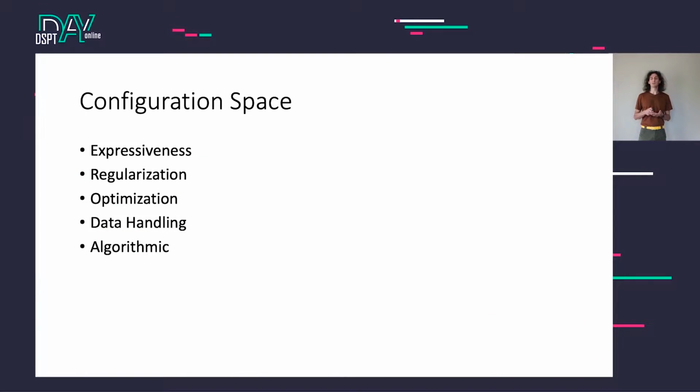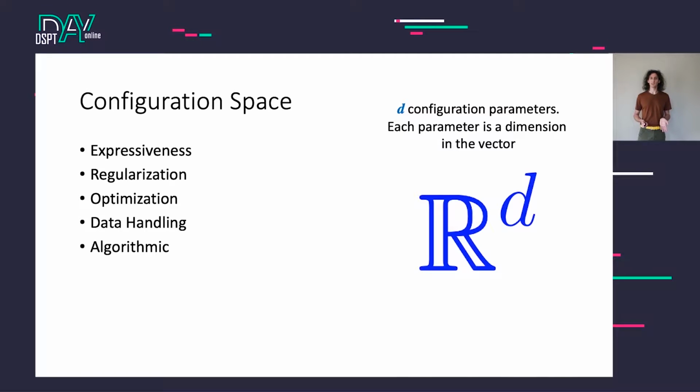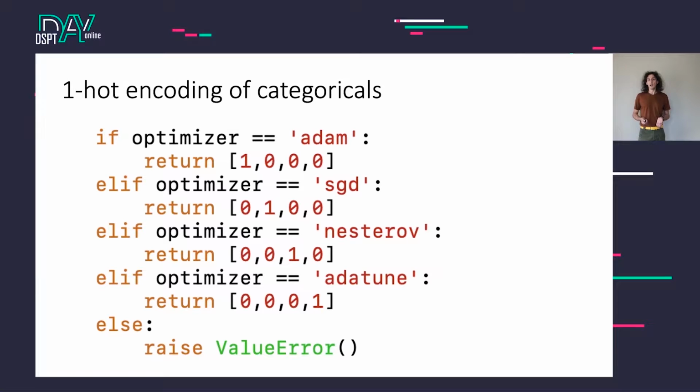So configuration space encompasses all of these different choices and represents them as a vector space with a dimension for every hyperparameter, every choice you have, unless you have categoricals. And then the standard thing to do is to use one-hot encoding and define a new dimension for every choice. A little inefficient, but it works.